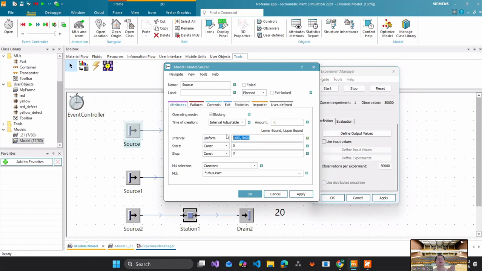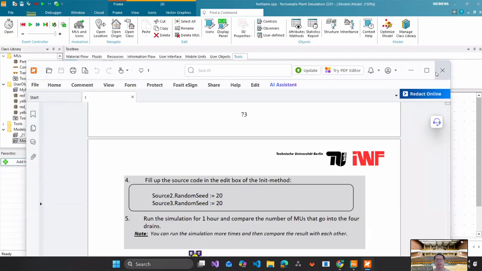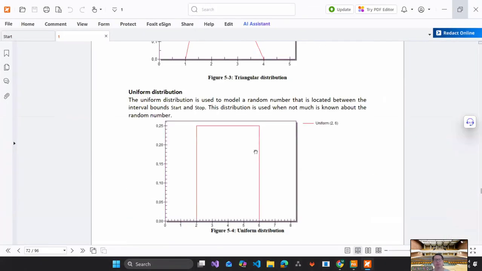This system follows the normal distribution, this system follows the uniform distribution, negative exponential, and so on. There are several behaviors of the system. For example, here we show it in the graph.